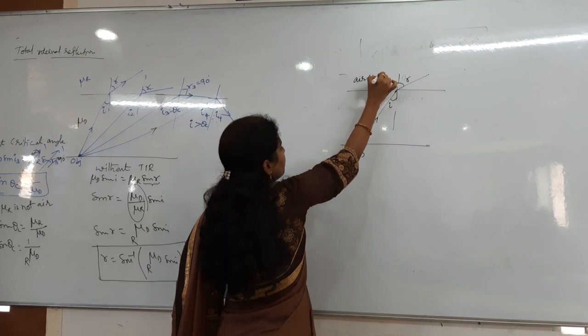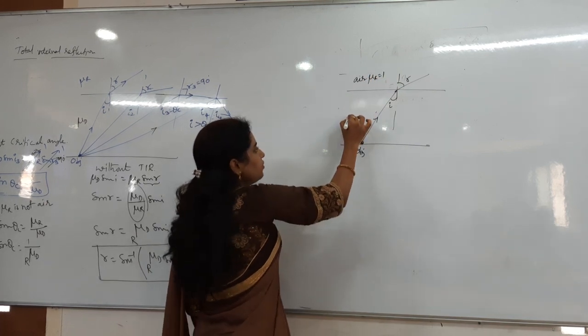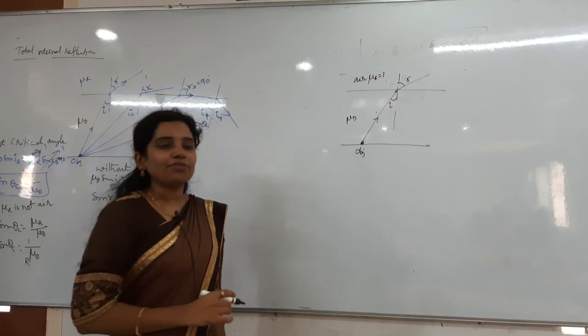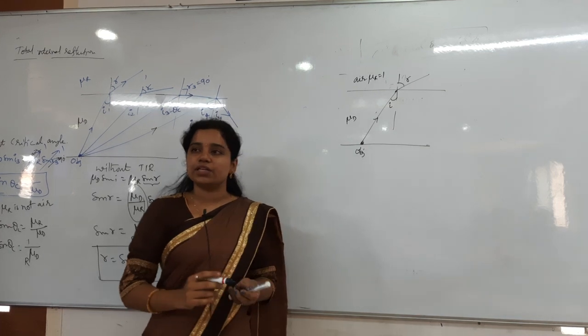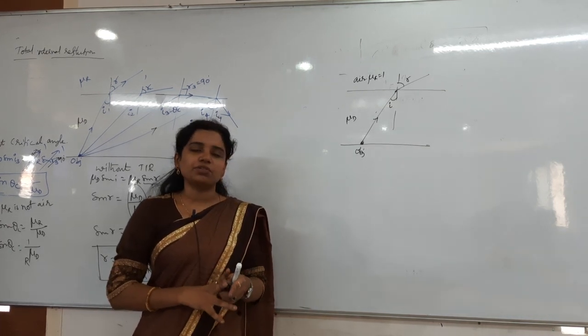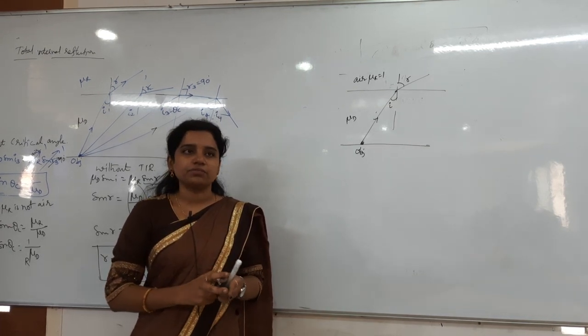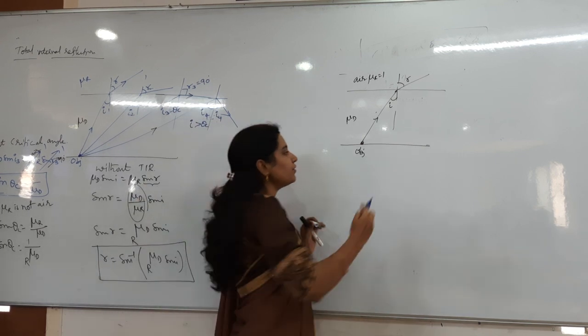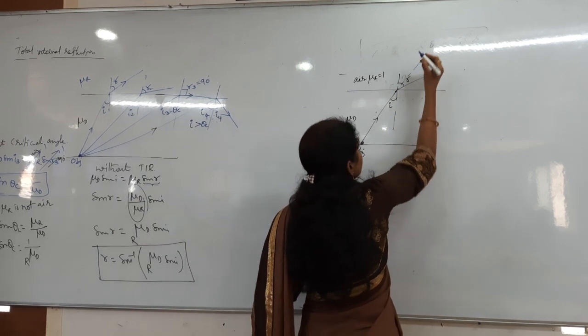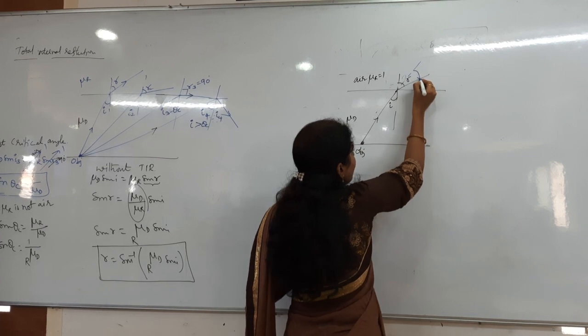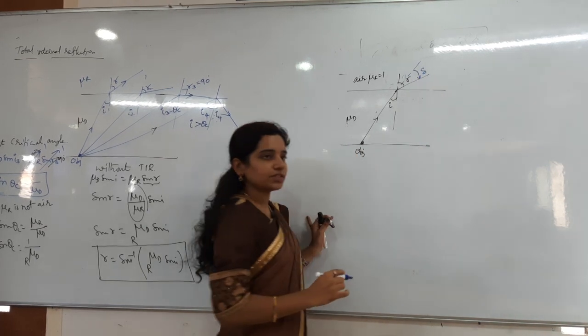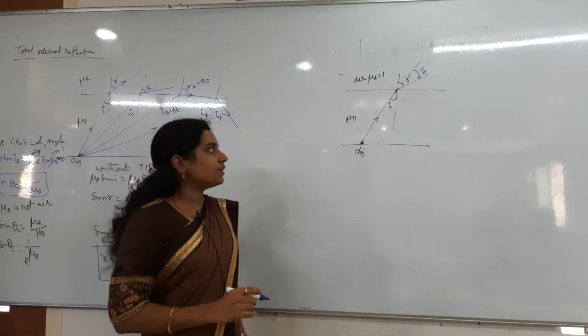Then mu r is 1 here, and mu d stays as it is. You have to find the angle of deviation. To take the angle of deviation, first take the incident ray, and then this angle is known as the angle of deviation.